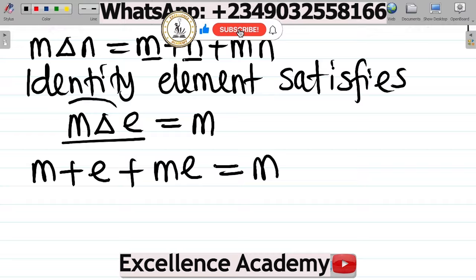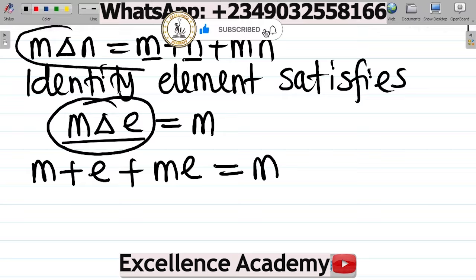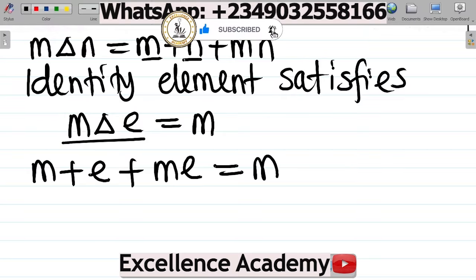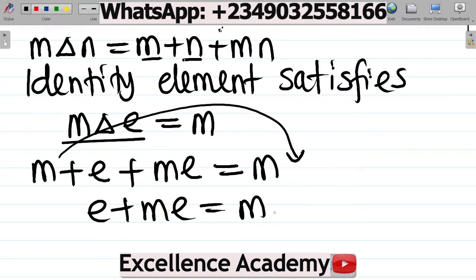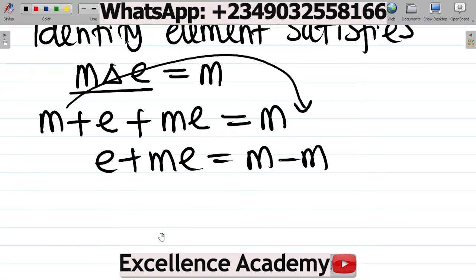So we're expressing this one here in terms of this. That's the concept. All right, so from here, let's solve this. From here, we have e plus me is equal to m. Move this m over here, it becomes minus m. So from here, I'm having e plus me is equal to m minus m gives you 0.